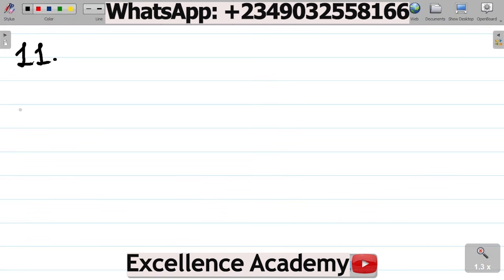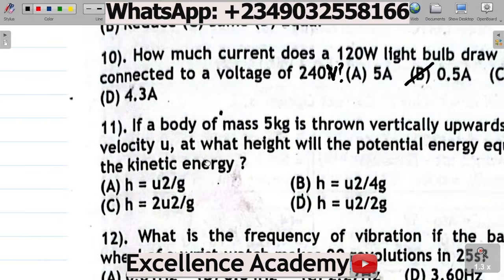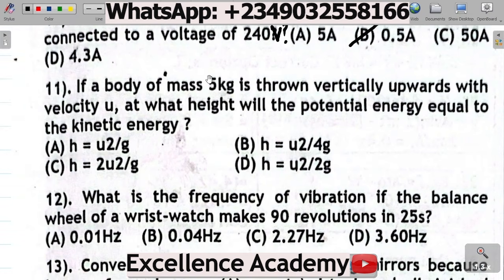To approach this, the first thing you want to notice is that they said a body of mass 5 kilograms is thrown vertically upwards. That means the total energy, from when the body was at rest to when the body was thrown upwards, will be equal to half mv squared, or half mu squared, since they use velocity as u.